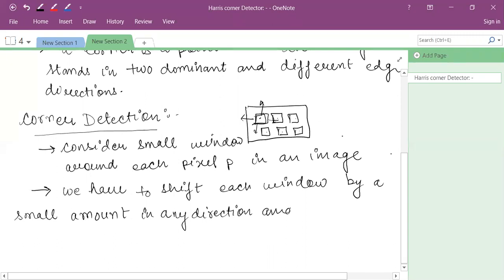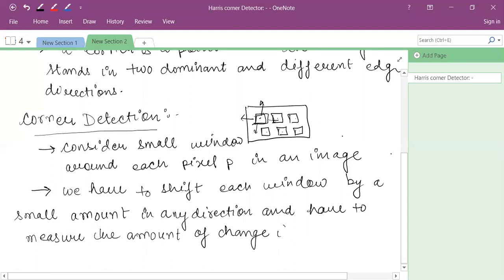And you have to measure the amount of change in pixel value. So when your pixel intensity is getting higher, this will be taken as a coinciding pixel and taken as a corner.